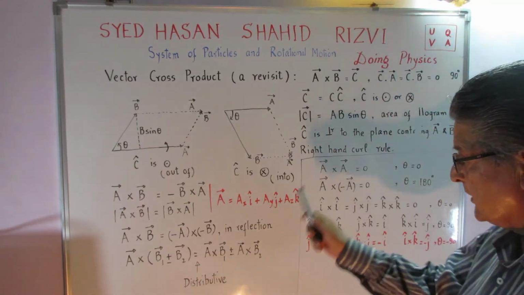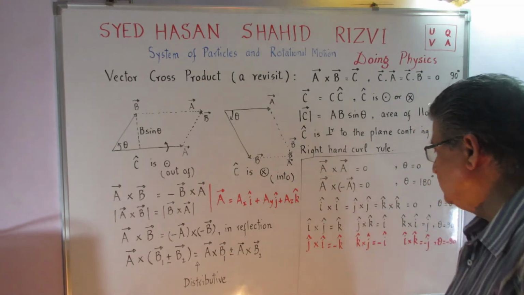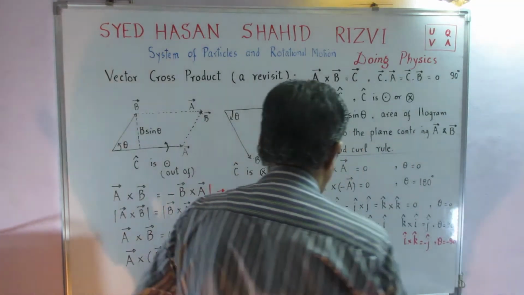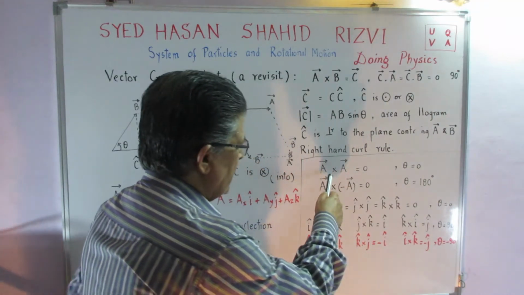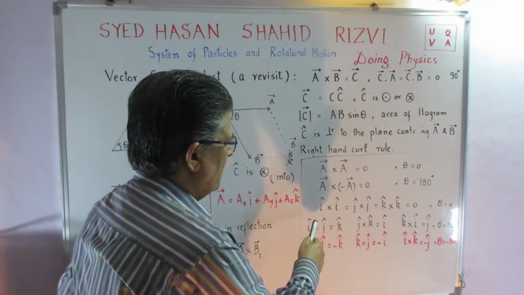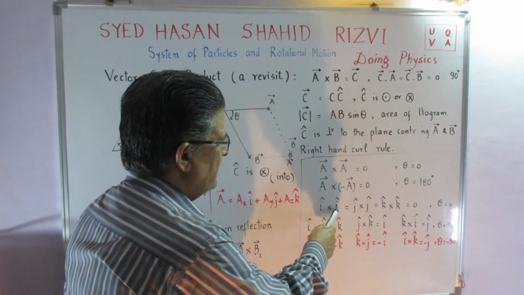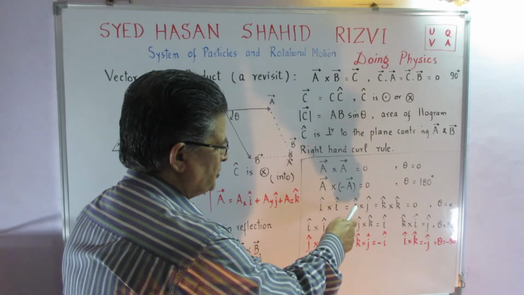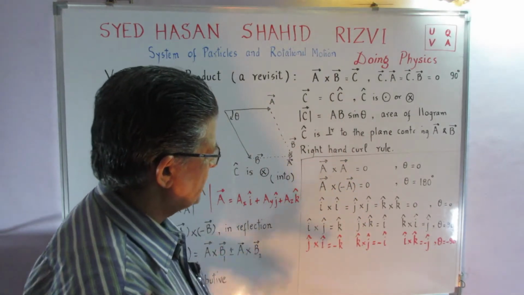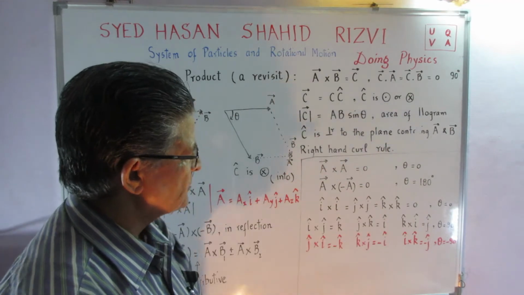So what is important now is that, like A cross A is equal to 0, I can write I cross I is equal to 0, j cross j is also equal to 0, k cross k is also equal to 0 because theta is equal to 0.